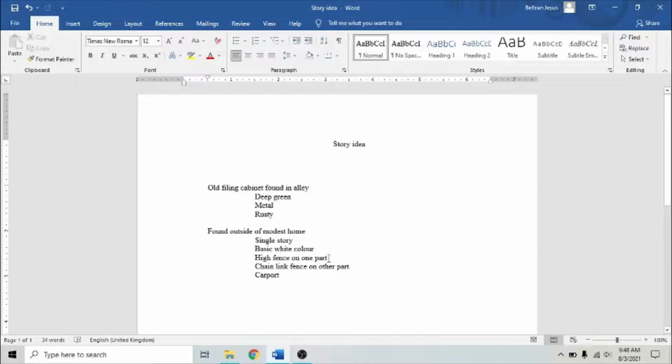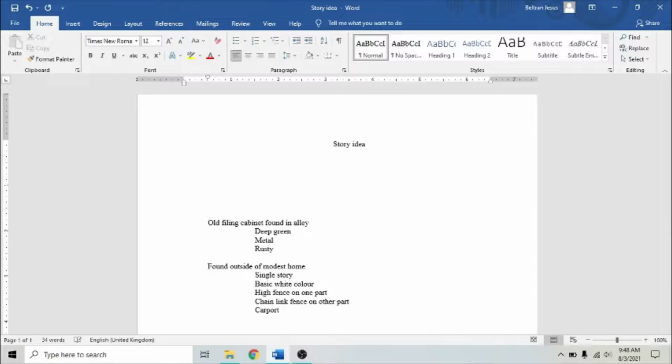So this is something that we're going to pretty much hang our hats on. So this could be the beginning of the story, this can be the middle of the story, this can be the middle of the beginning of the story.